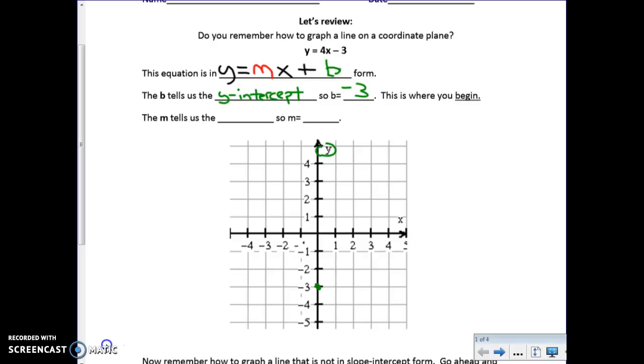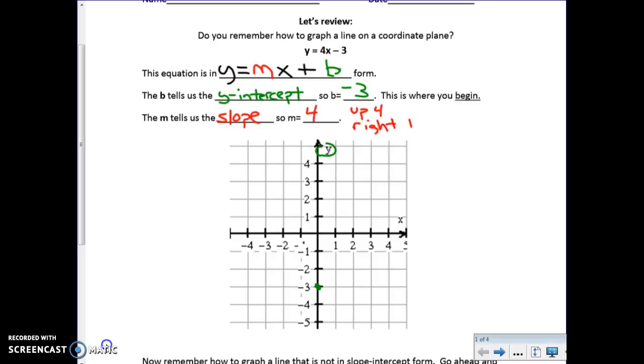The m tells us the slope. So our m in this equation is equal to 4. If we're thinking in terms of rise over run, when your slope is 4, you're going up 4, right 1 unit.